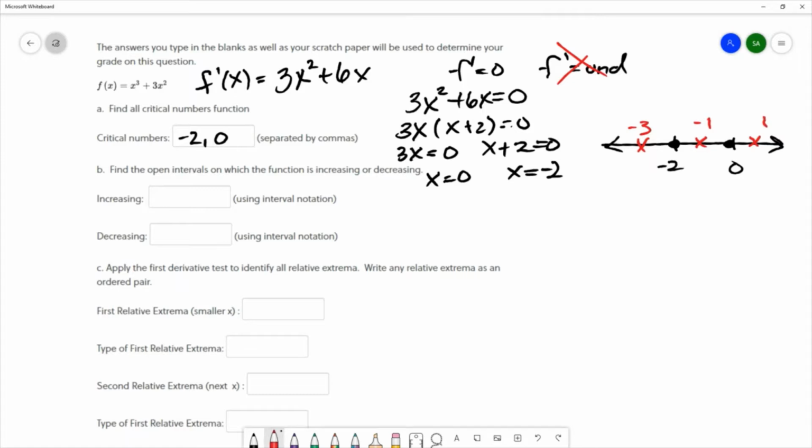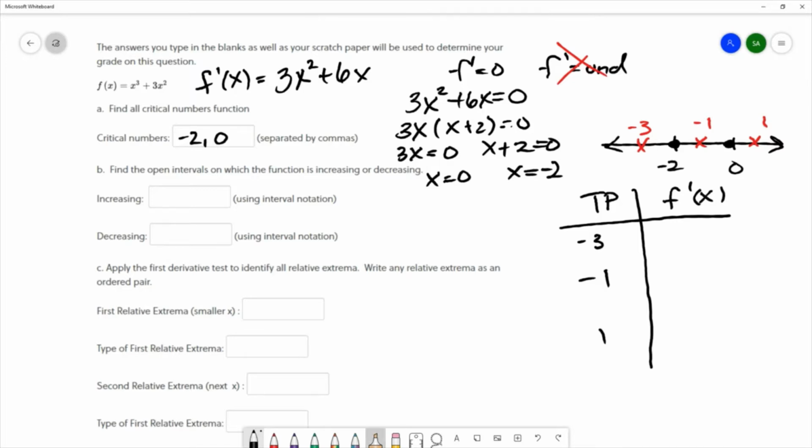And we want to test these values into the first derivative because the first derivative is what tells me the increasing and decreasing of our function. So we've got our test points of -3, -1, and 1. We're going to substitute that into the derivative.